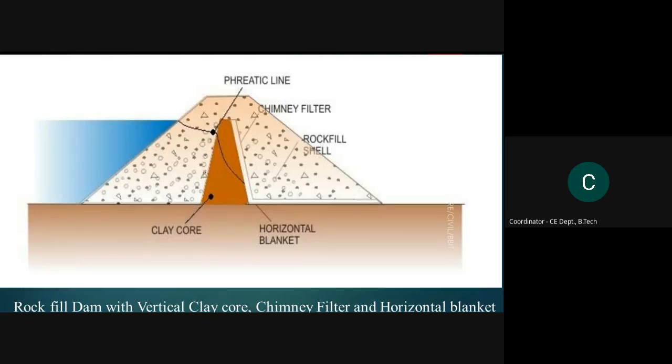Those were the homogeneous embankment type and the zoned embankment type. This is a rock-fill zoned embankment type. The major material used is rock, and the clay core is situated in a vertical way, and this is a chimney filter and the horizontal blanket is provided.